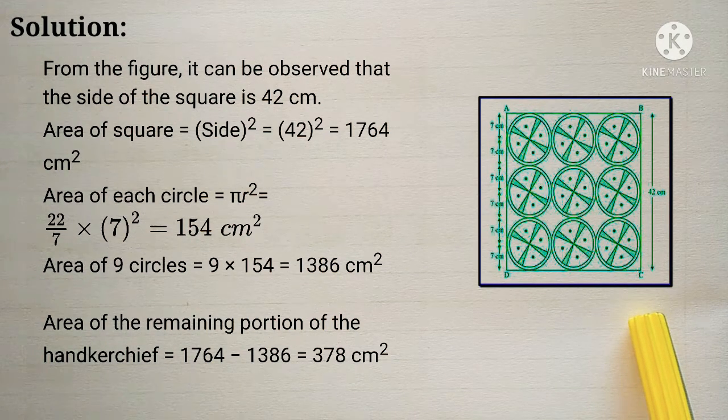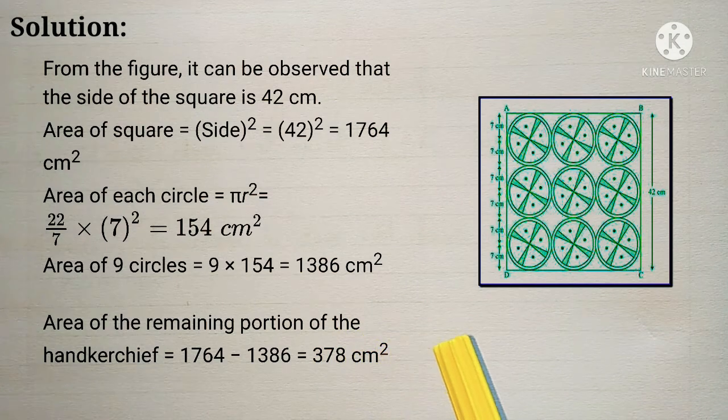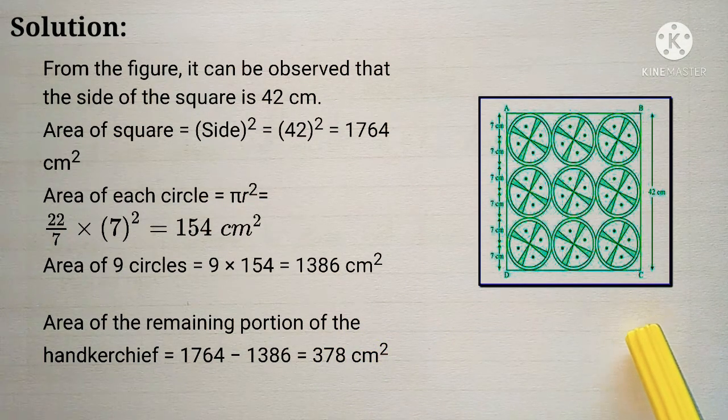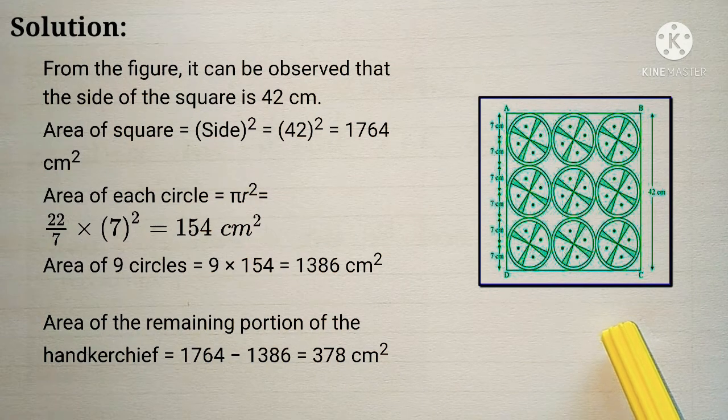Ultimately if we calculate this, we get 154 centimeter square. Is it clear? Okay, this is the area of one circle, and how many circles are here? Total 9. So we have to multiply it by 9. When we multiply, we get 9 into 154, ultimately 1386 centimeter square. Is it clear?